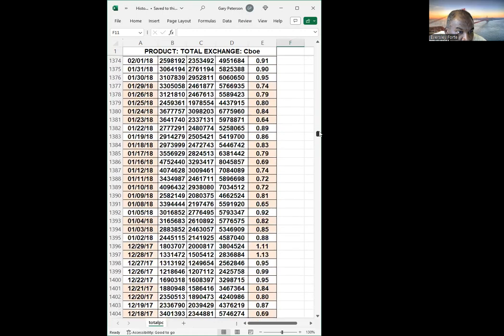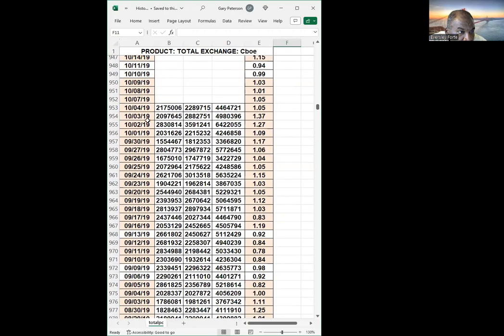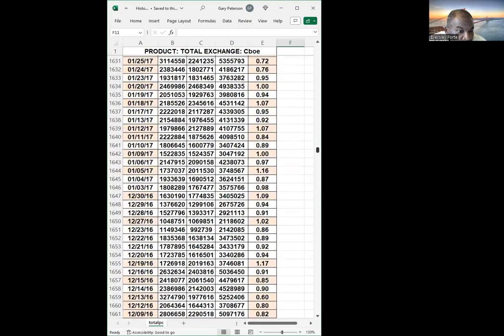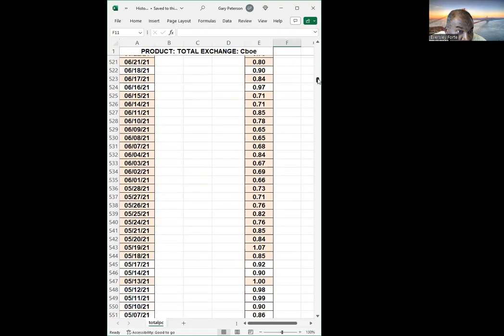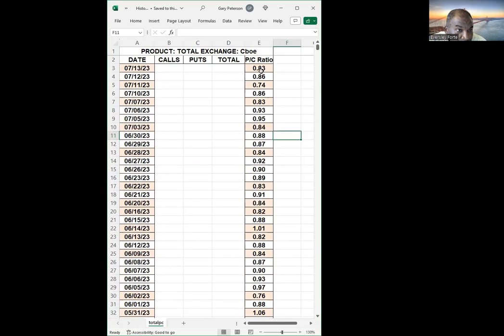Up until 2019, the CBOE would put all the values every day into one spreadsheet, and then several years ago they stopped doing the spreadsheet thing and just started posting the final number. So Becky basically kept the spreadsheet going and just puts the number in the spreadsheet.